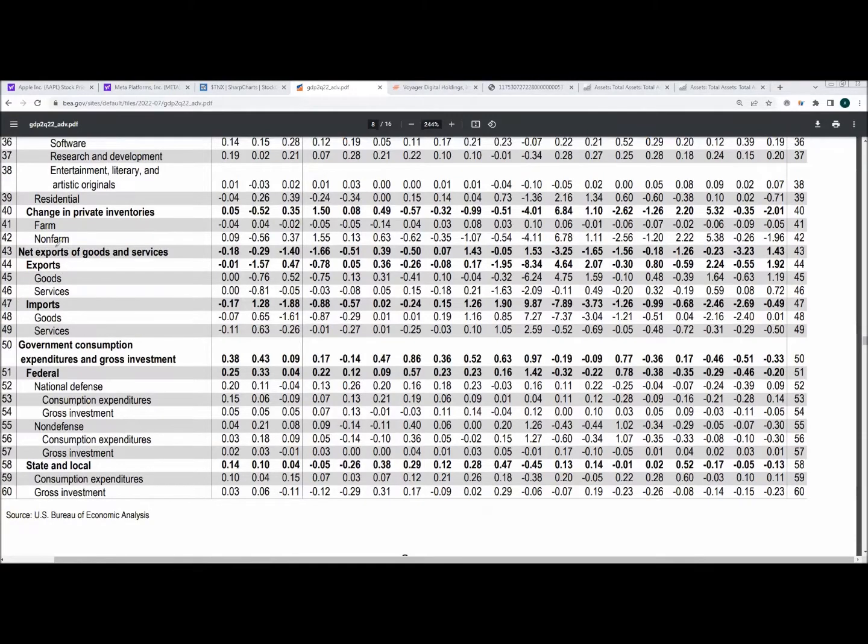So if you look at the net exports over here, 43, and you look at the overall, this was why we had the first GDP negative quarter. We had this huge net export negative number. Basically what happened is we had a bunch of imports coming in and very little exports. But that's swapped this time. Right now, our exports actually grew and had a positive contribution while the imports had dropped.